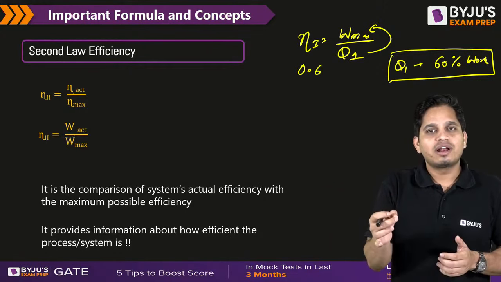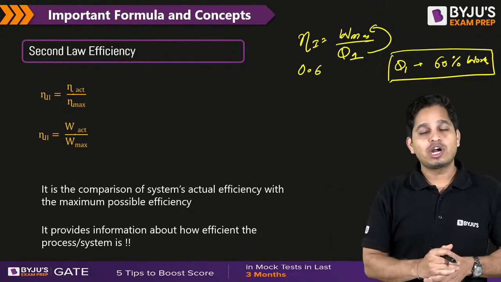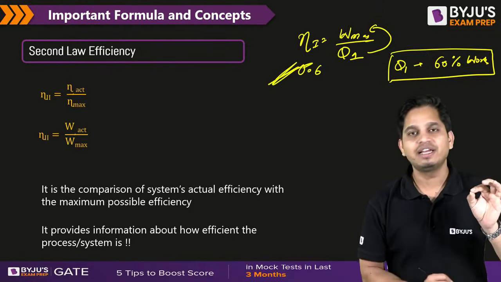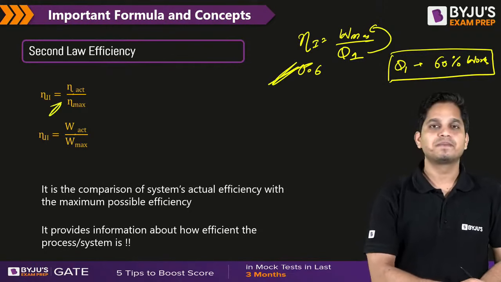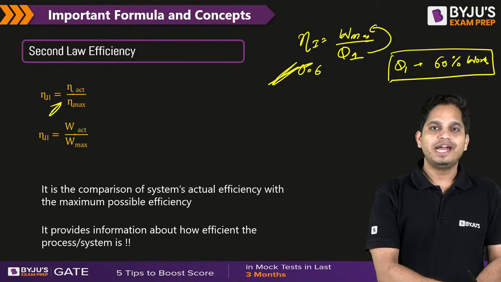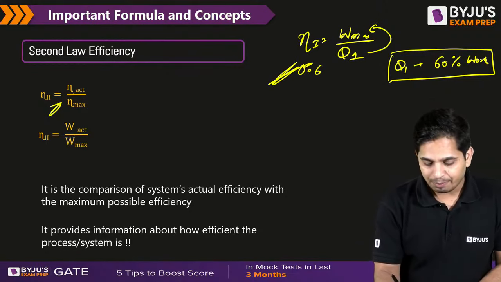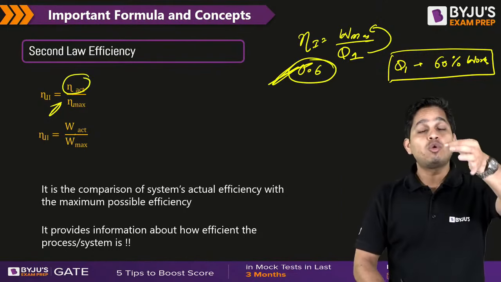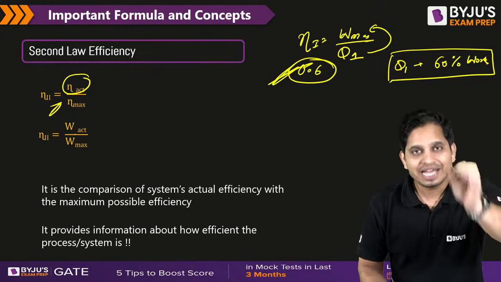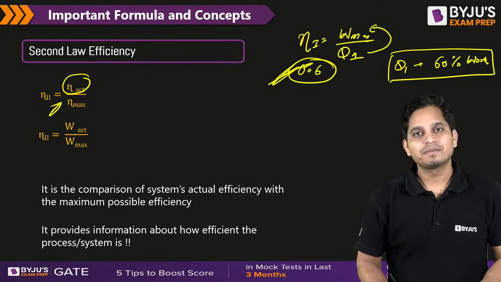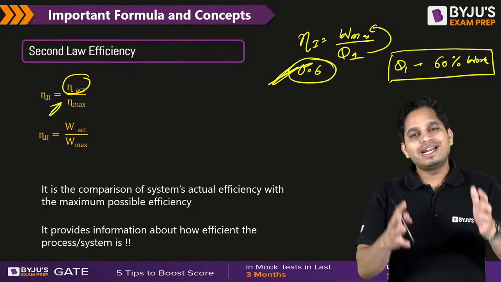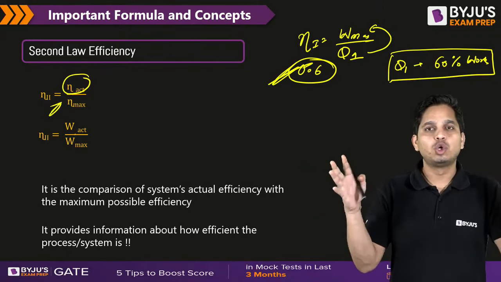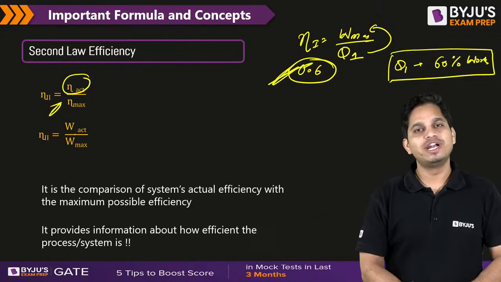It compares your engine performance, your efficiency, with the ideal efficiency. Actual is, I told you, 0.6, but it is going to compare it with the ideal one, and then it will tell you how efficient you are. So it is a parameter to compare more than two heat engines.